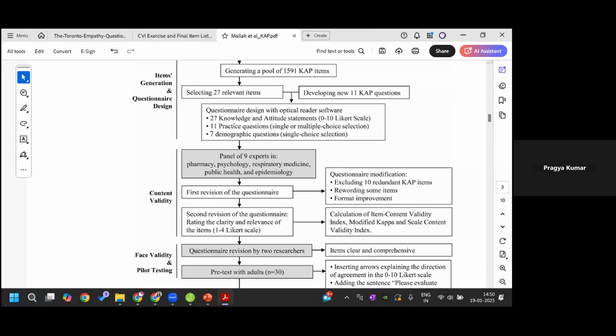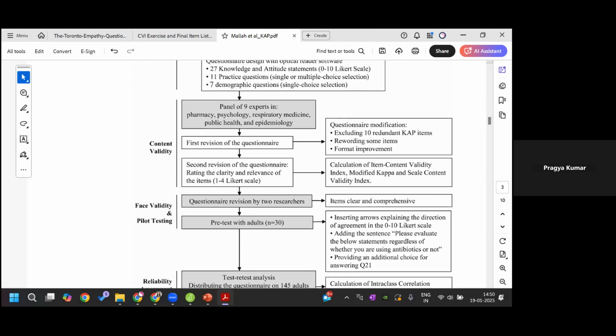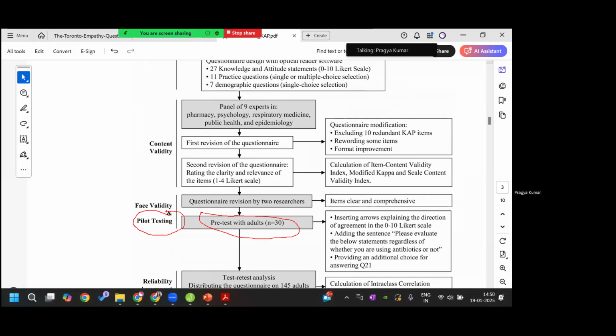After they have finalized it, they have done this process of face validity and pilot testing. And here they have written pilot testing, which means pre-testing is embedded in pilot testing, according to this article. The reference which we have taken, we will give you the reference, that is from an article from Sage, on the difference between pilot testing and pre-testing. But if you see, this pre-testing is a part of pilot testing, according to the process which they have written here.